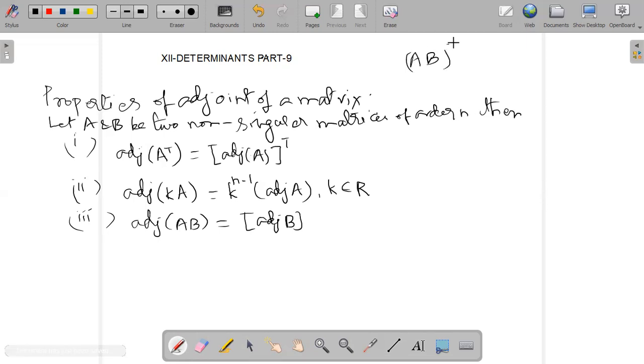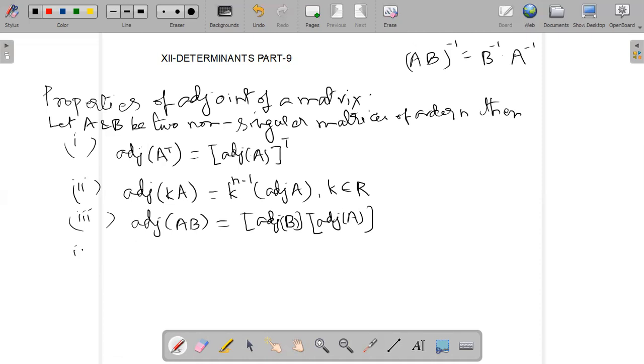A B inverse is equal to B inverse into A inverse. Their sequence will be changed. Similarly, here also adjoint B first and then adjoint A.